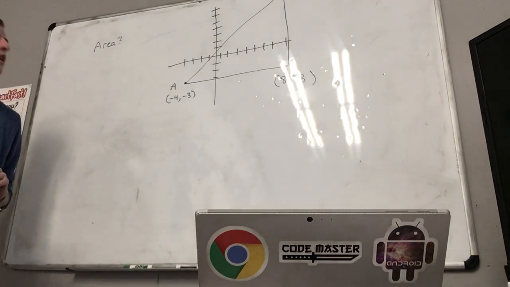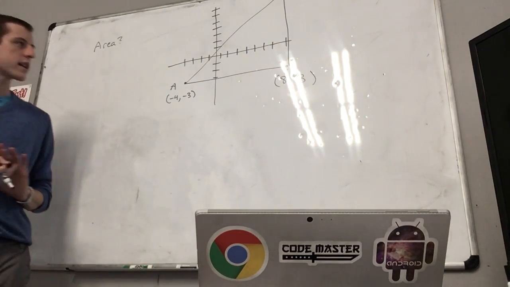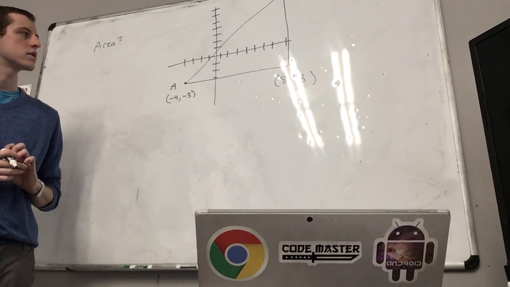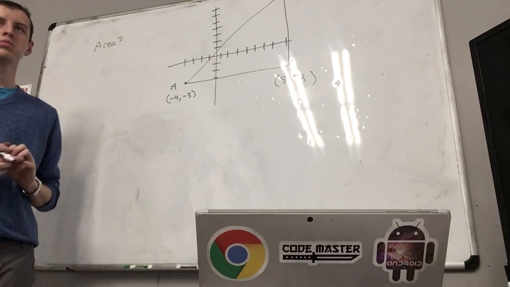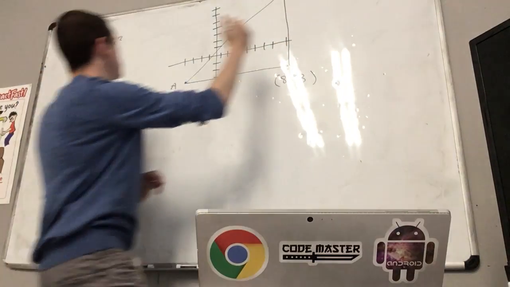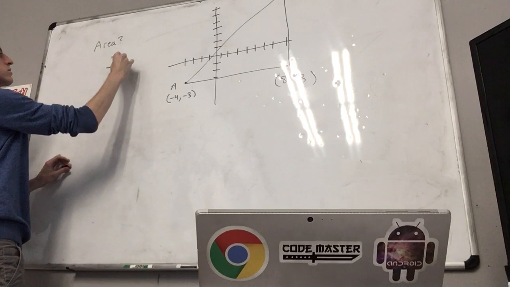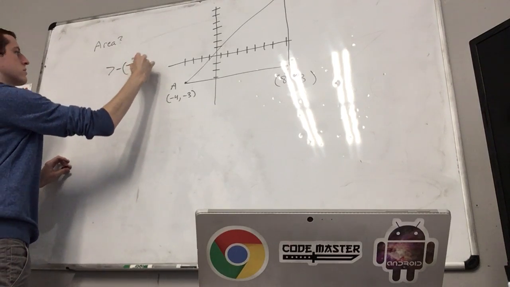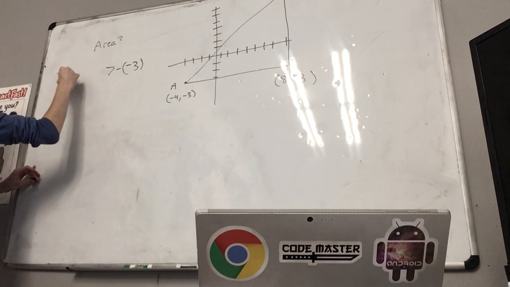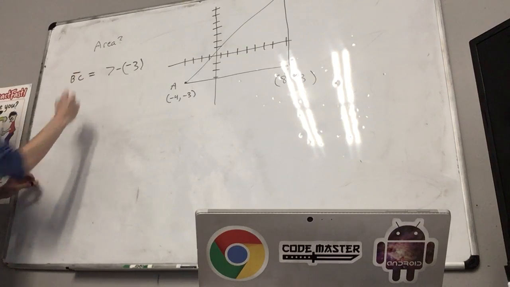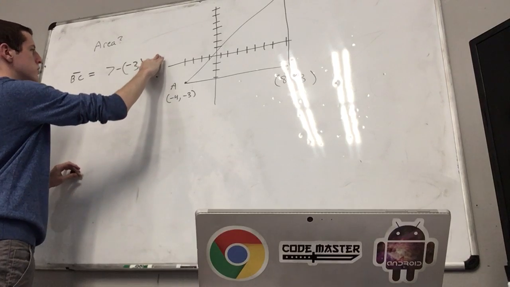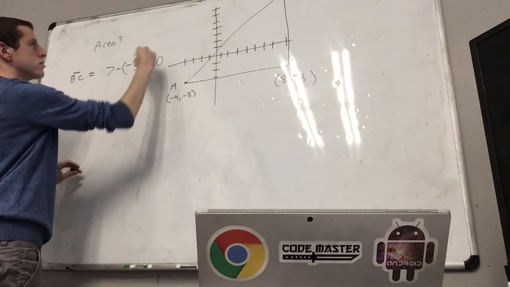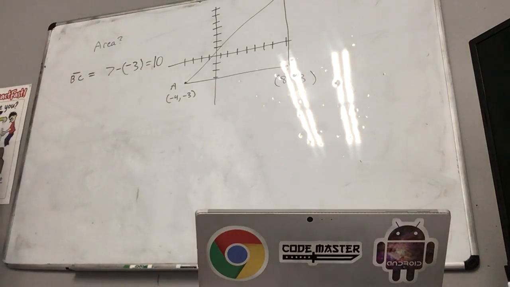So, you said subtract 7 and -3. So, how about the difference of the y coordinates in B and C? So we could say that this line segment BC is equivalent to that. Okay?